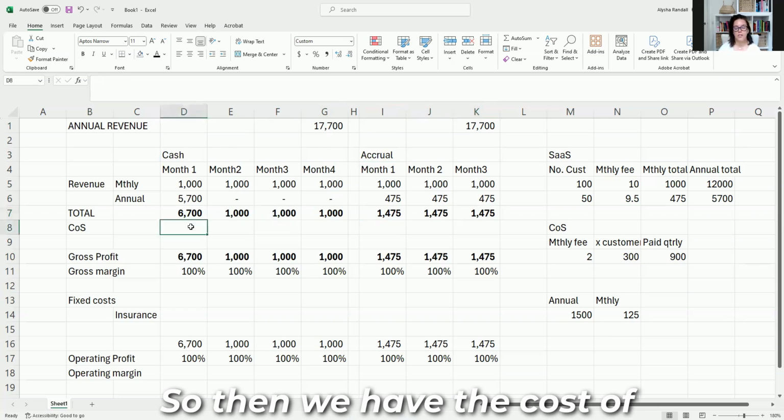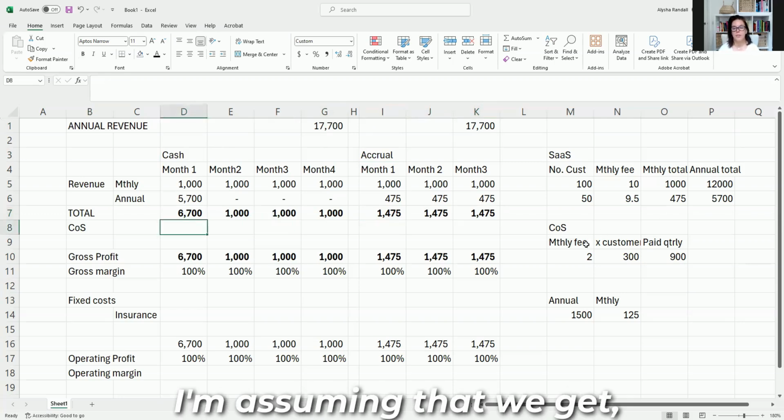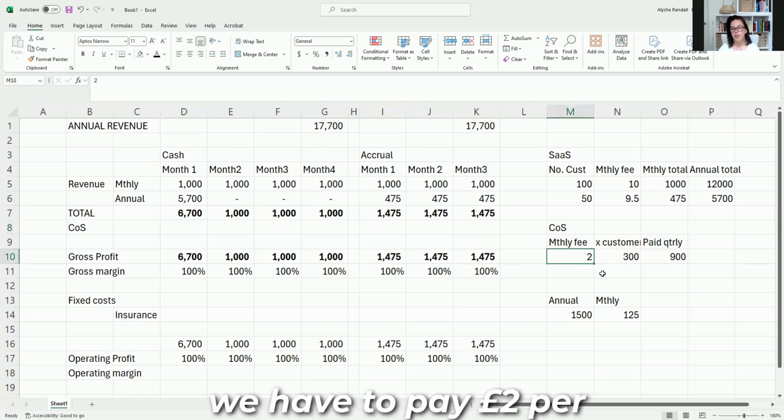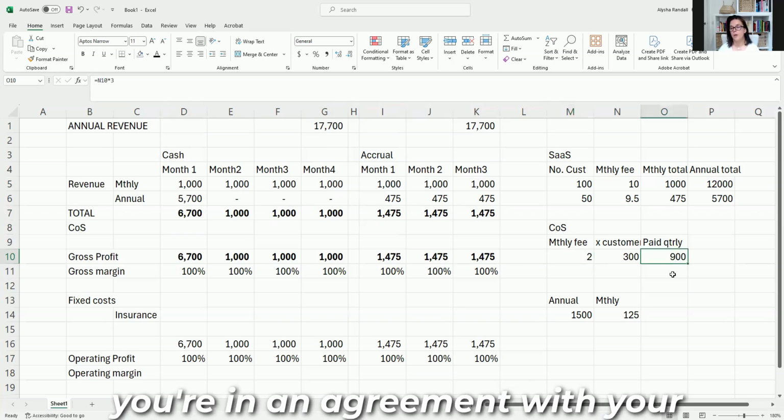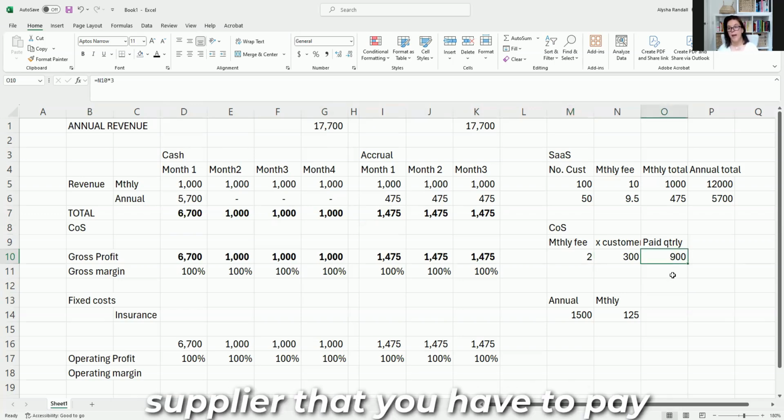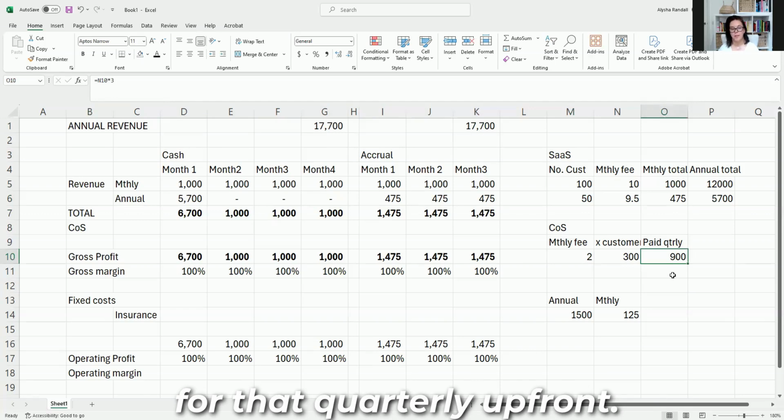So then we have the cost of sales. In this example, I'm assuming that we have to pay £2 per customer per month. However, you're in an agreement with your supplier that you have to pay for that quarterly upfront.